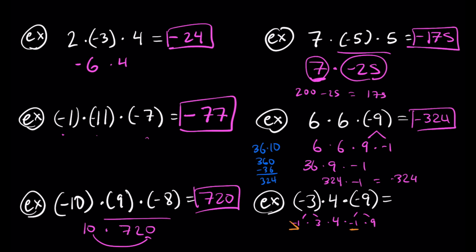So these kind of just cancel each other out, and we're left with a positive 1, which I don't have to write. So now I'll have 3 times 4 times 9. 3 times 4 is 12, and then times 9. Well, 12 times 10 is 120, but I want 12 times 9, so I'm going to subtract the 12, and I will get 108. So we get a positive 108.